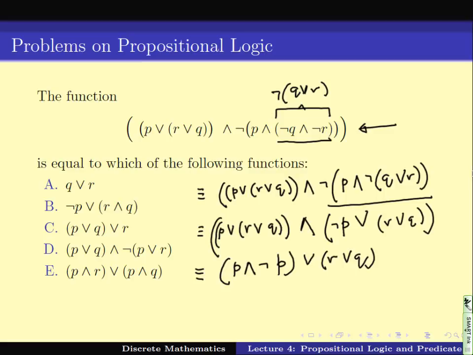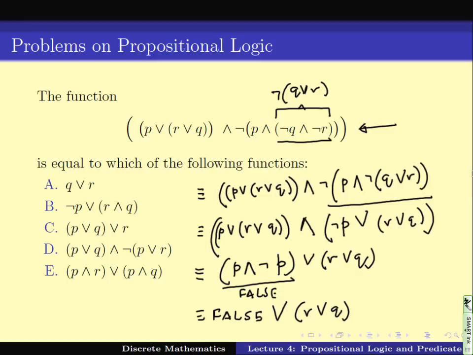Similarly, when P is false, not P is true, so this again becomes false and true is false. So this term is always false. So I have false or (R or Q).